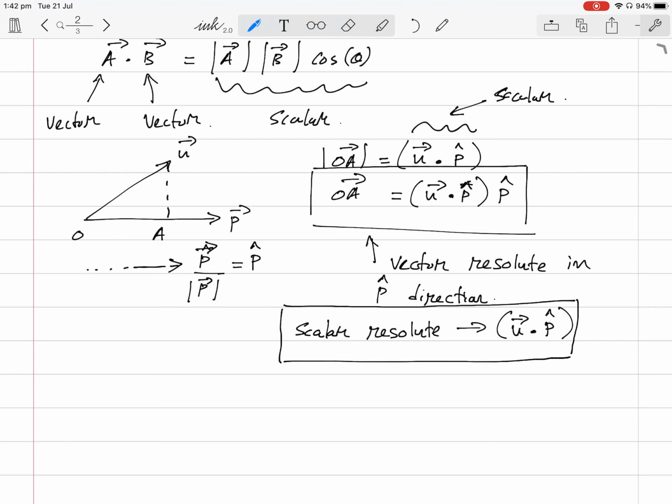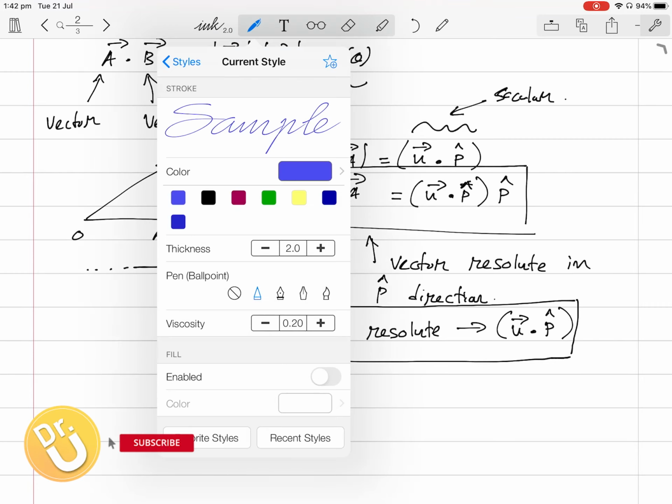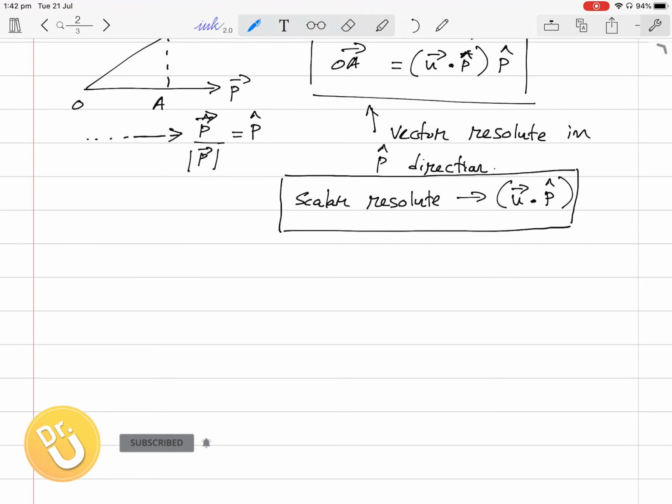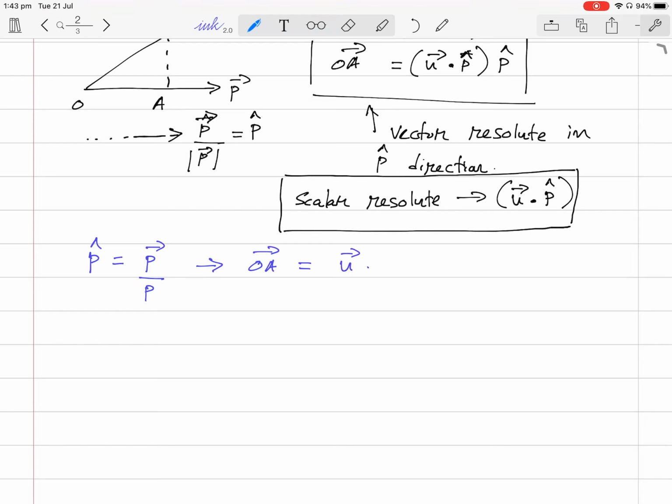Now, here in some books, you will see these kind of definitions as well. So now we know p hat is equal to p vector divided by p, right? So using that definition, OA vector can be written as u vector dot p vector divided by p times p vector divided by p again.